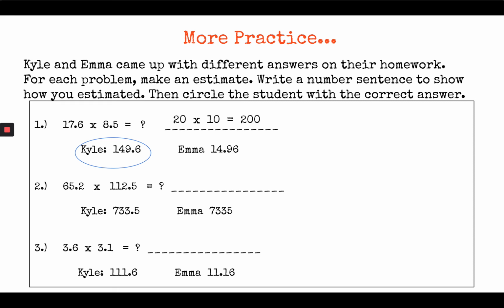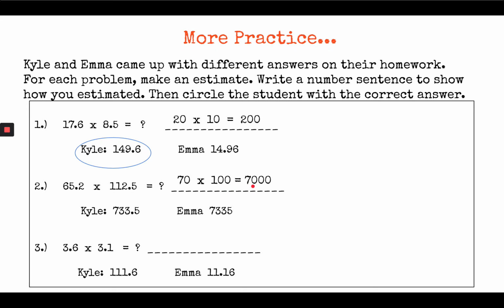And then 112.5. I definitely want to go to 100 because I know that it would be much easier for me to multiply something times 100 than something times 110. Okay, so I'm just trying to make this easy for myself. So let's do 70 times 100, and I know that that's going to give me 7,000.